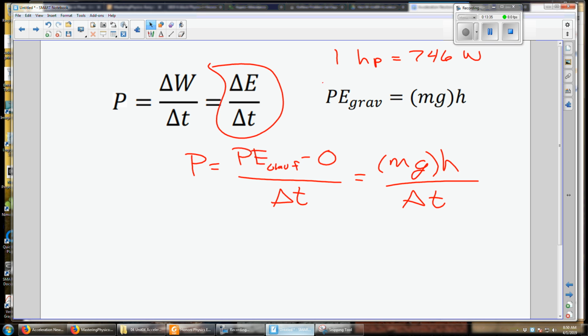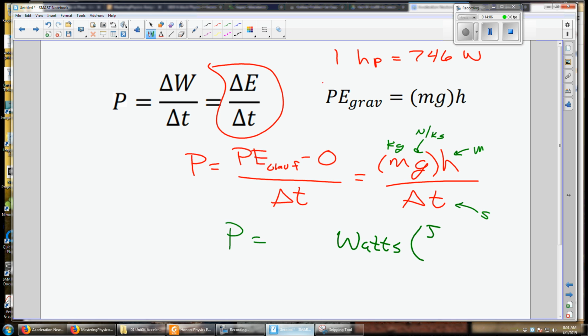And there we go. Now the only thing I'll have left to do at the end is I'll get an answer down here, and because I'm going to use kilograms here, and newtons per kilogram here, and meters here, and seconds here, I'm going to get an answer in watts, which is also, of course, a joule per second.